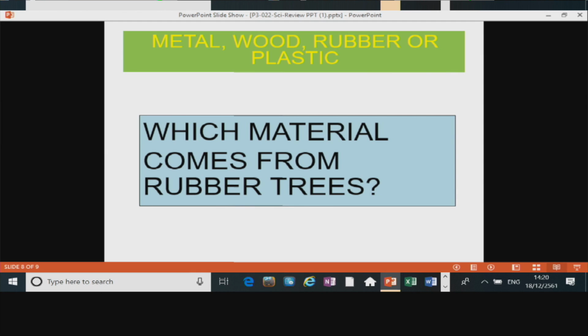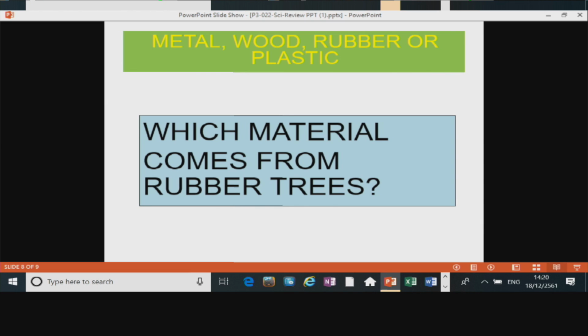Which material comes from rubber trees? What do we think? Rubber, yes. Wood comes from trees, but a rubber tree has rubber. The clue is in the name, rubber tree. So wood comes from normal trees, rubber comes from rubber trees.